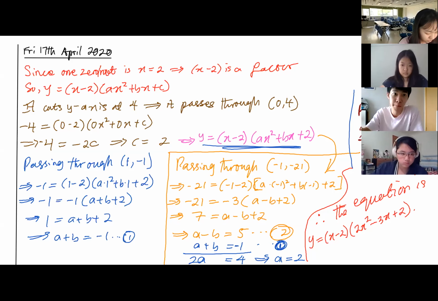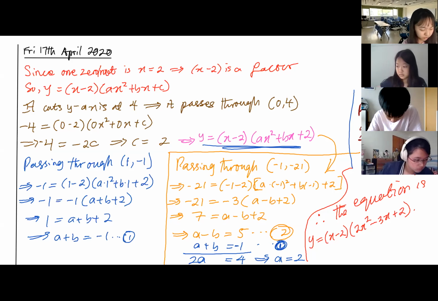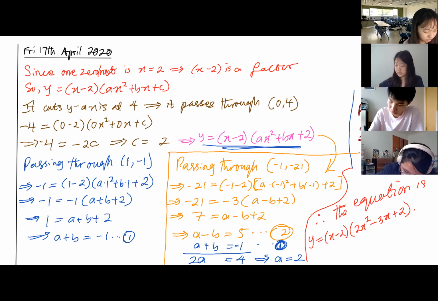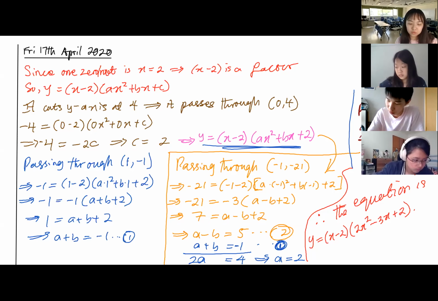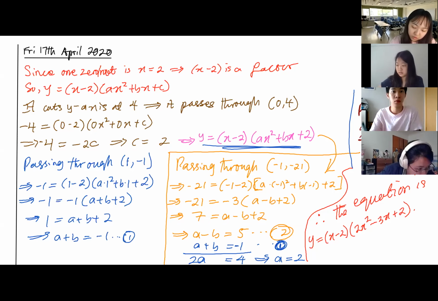I want you to do 5A and D. Then I want you to do 7A and B. Then I want you to do 8. Okay? 5A, D, 7A, B, because you have done C in your homework.